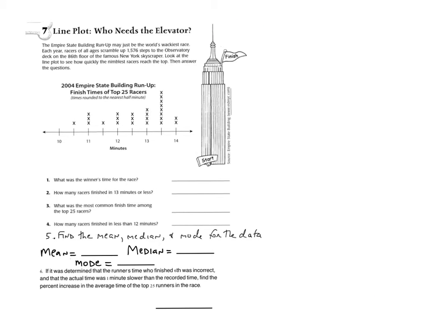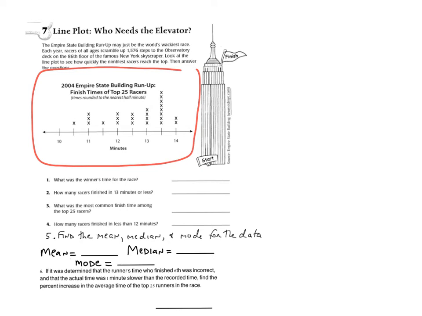The next problem also pertains to a line plot, and it says the Empire State Building run-up may just be the world's wackiest race. Each year, racers of all ages scramble up the 1,576 steps to the observatory deck on the 86th floor. So here we're given a line plot, and it's the 2004 run-up finishing times of the top 25 racers.